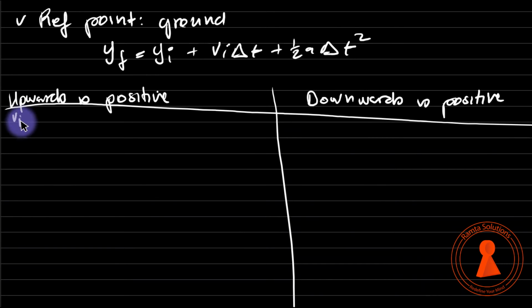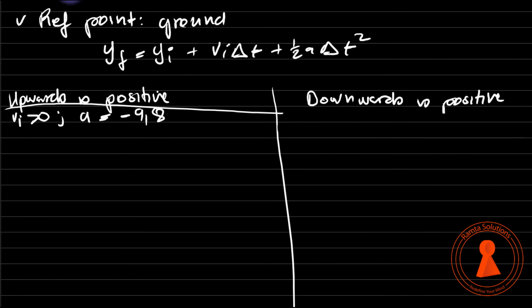We still have initial velocity greater than 0. Acceleration vector will be negative 9.8. In the same way, with downwards positive, initial velocity is negative and acceleration is positive 9.8.